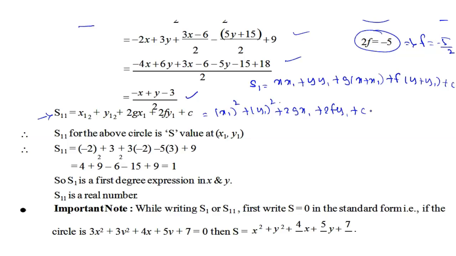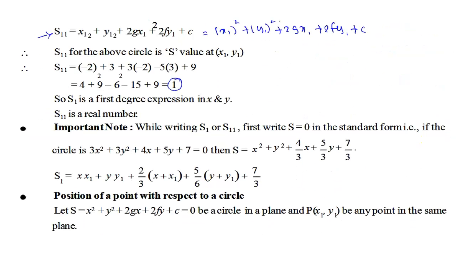That is S11. In that same question, he is substituting the x1 value and y1 value here and getting the numerical value 1. So S1 is a first degree equation in x and y, in the sense the x and y terms have power 1, so we take the degree in x and y as 1. S11 is a real number. Here we got 1.